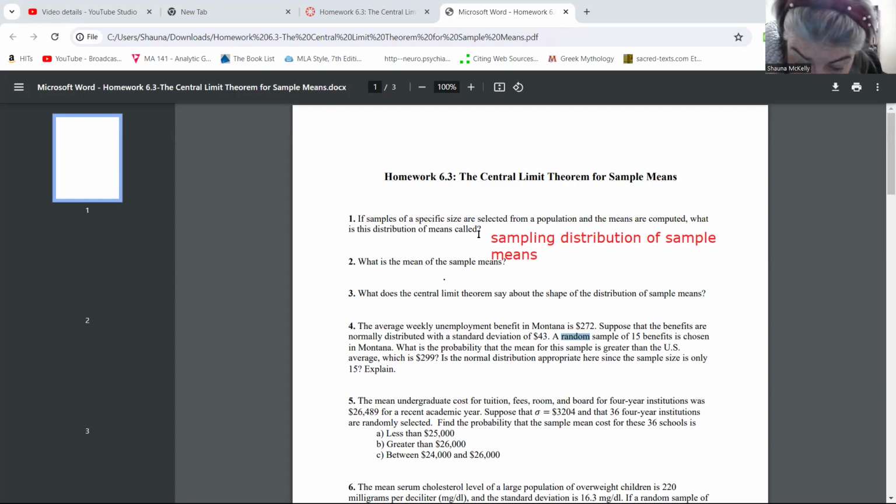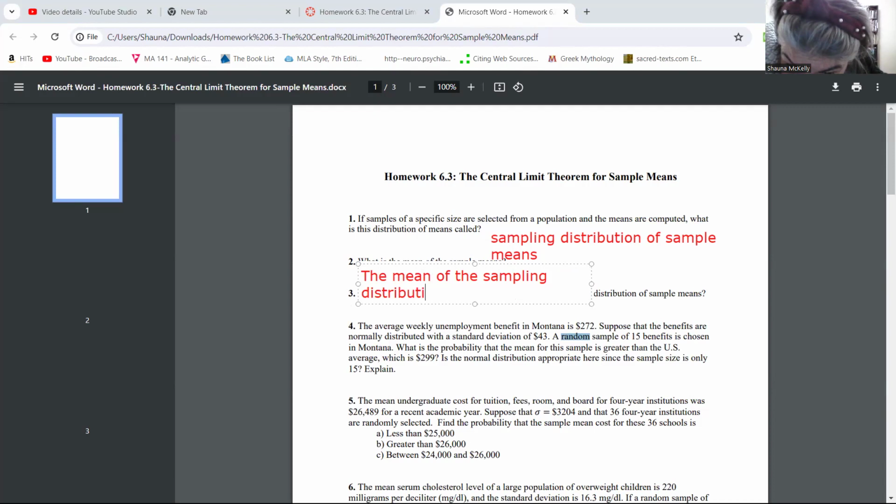Now, it has some properties, and I'll show you those on the slide. But the mean of the sampling distribution of sample means equals the population mean.